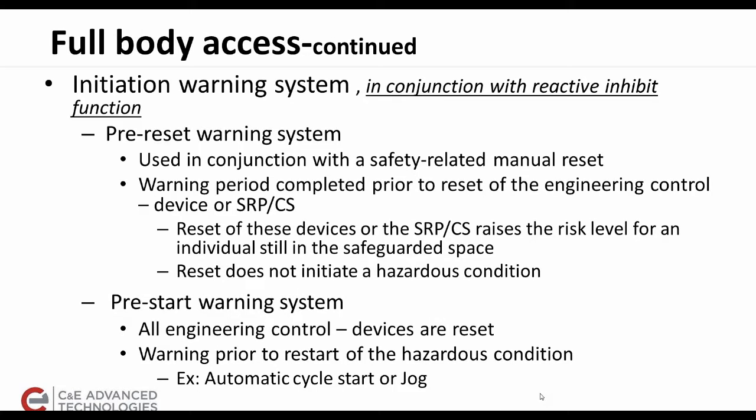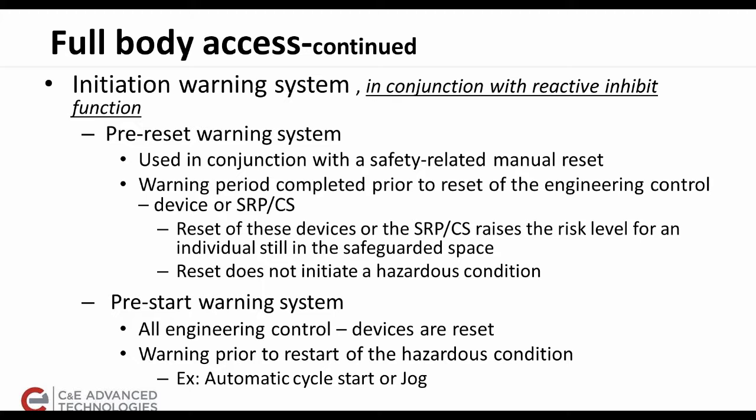The initiation warning system, which we use in conjunction with the reactive inhibit function, is such that we generate this warning, and until this warning period has been completed, the safeguarding device or the engineering control device cannot be reset.